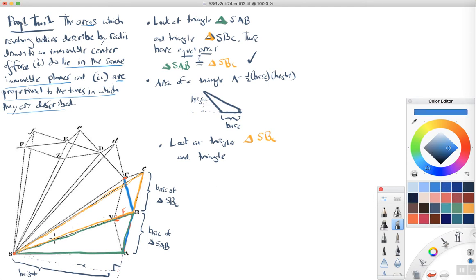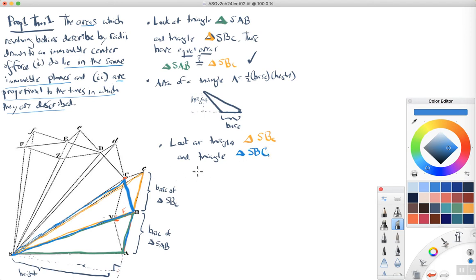Okay, let's look at this triangle right here. Since I've already drawn it blue partially, right here. So that one. So triangle SB big C. Okay, that's big C.